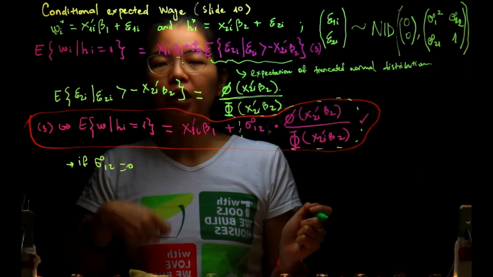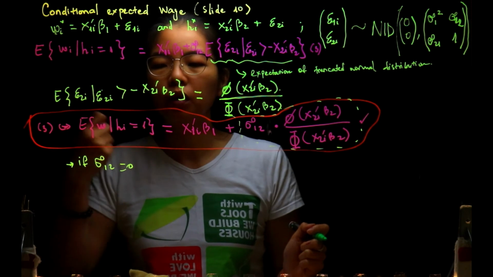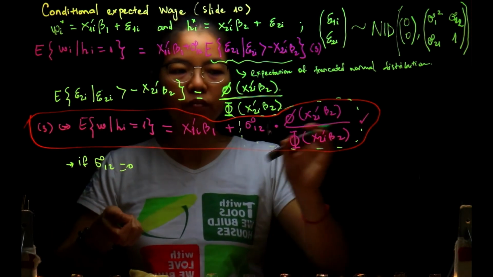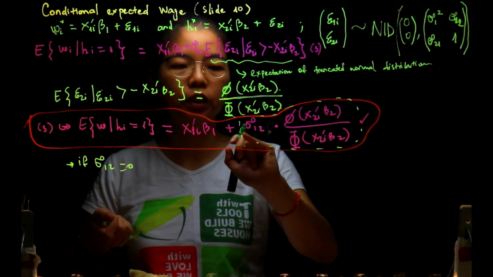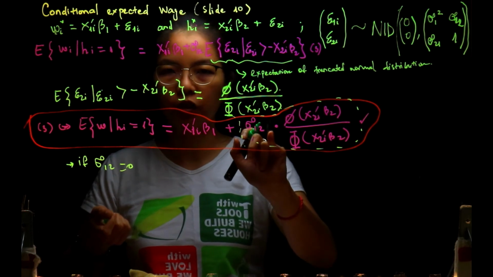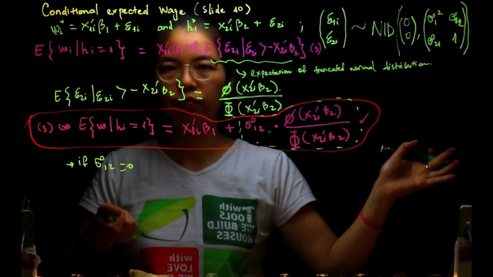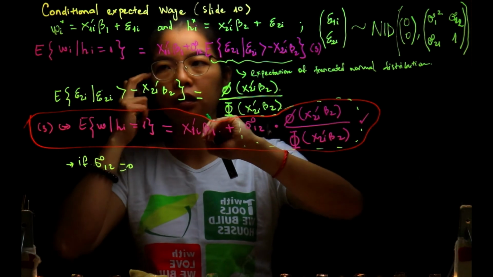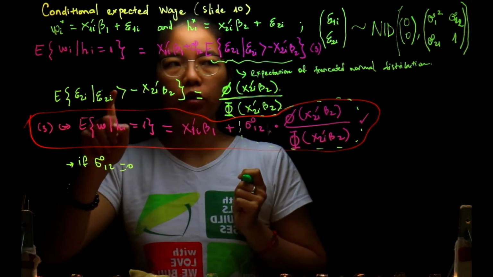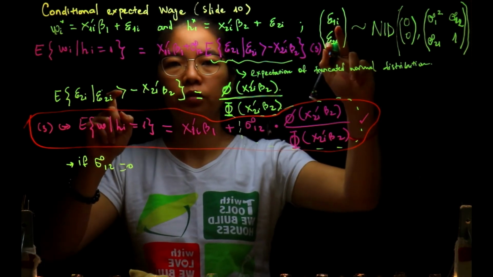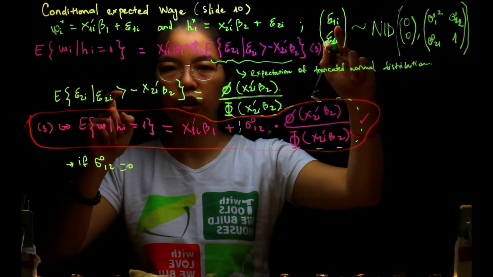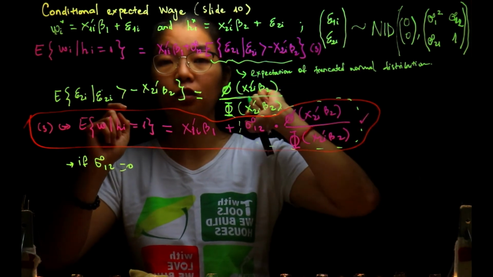Now, because our sample includes only those people when sigma 1,2 is larger than 0, their expectation is larger. And the expected value of the error of the first equation, the unobserved heterogeneity, is also very likely not to be 0.